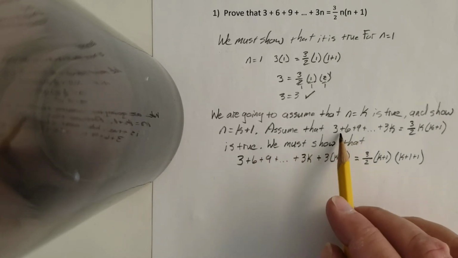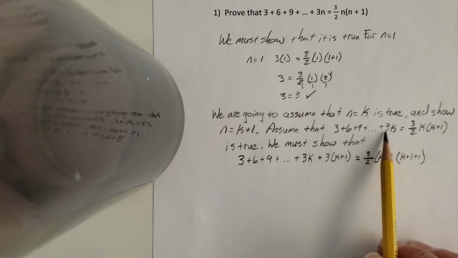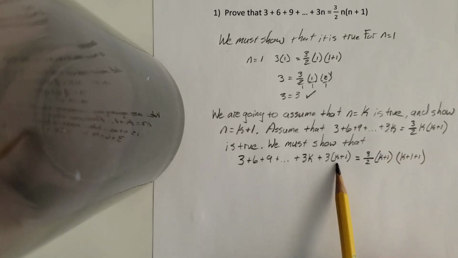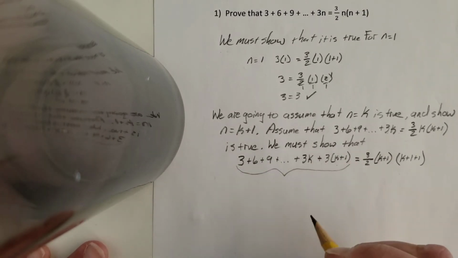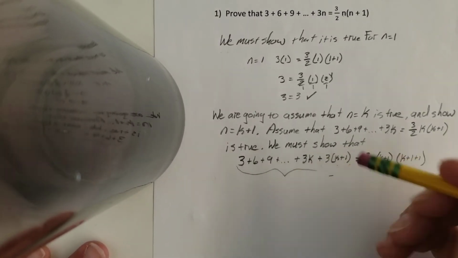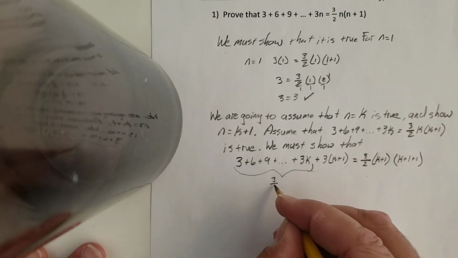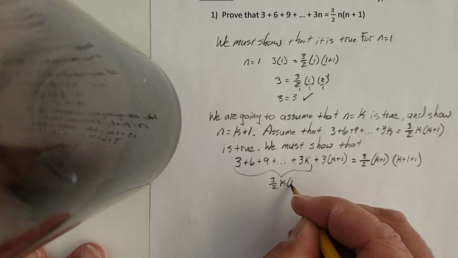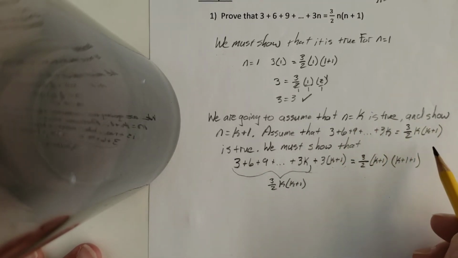We assumed it's right for k. We changed the variable from n to k. We assumed it's right. Now I'm just going to take it to the next step. Now we've already shown by assumption, I went too far there. This piece right here is 3/2 k times k plus 1. This comes from our assumption.